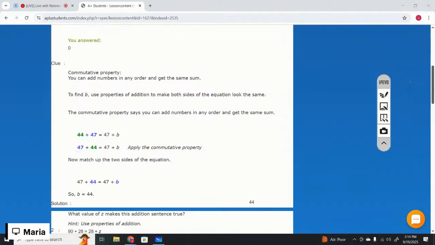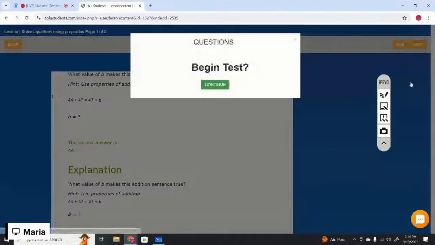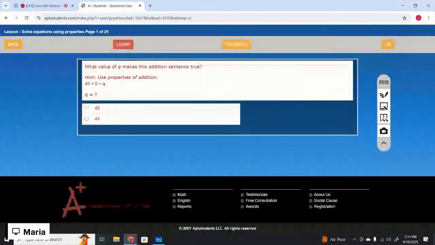Let's start with the test questions. What value of Q makes the addition sentence true? 45 is equal to 0 plus Q. So what number added to 0 makes 45?